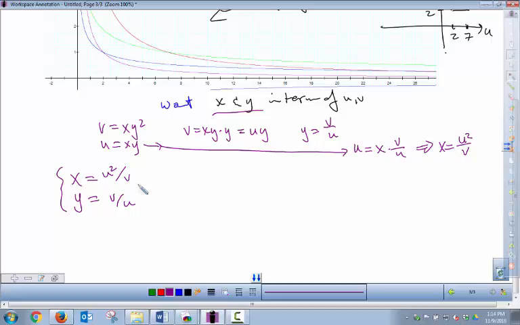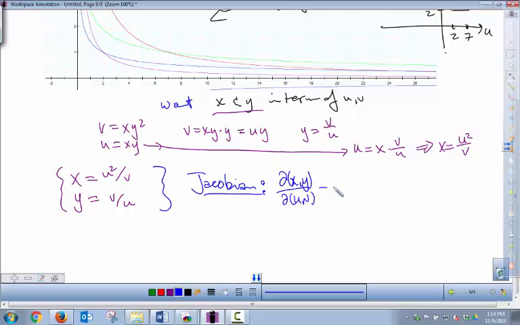All right, so let's find the Jacobian. The Jacobian is going to be the partial of x and y over the partial of u and v. We need the derivative of x with respect to u. This is going to be 2u over v.